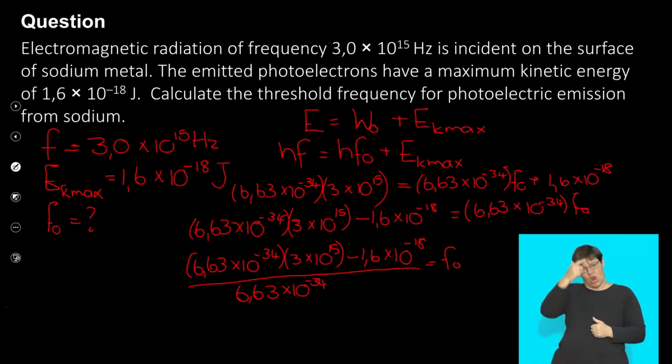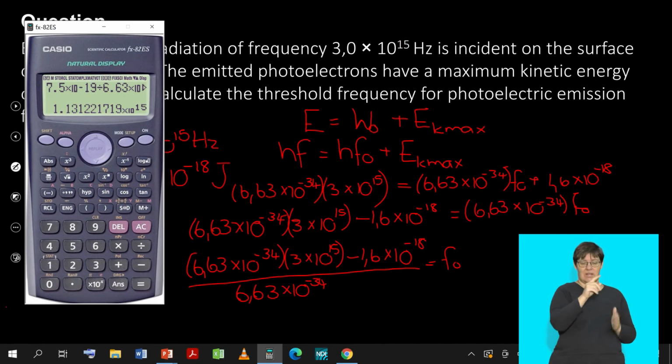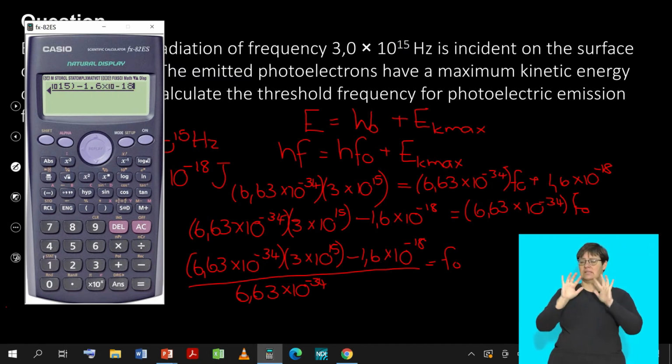So we need to do this calculation. So the top of my fraction, in fact, I'll use the fraction for you. So there we go. We've got 6,63 times 10 to the minus 34 times 3 times 10 to the 15 minus 1,6 times 10 to the minus 18. So that's the top part of my fraction.